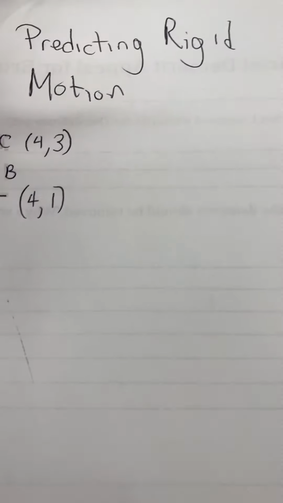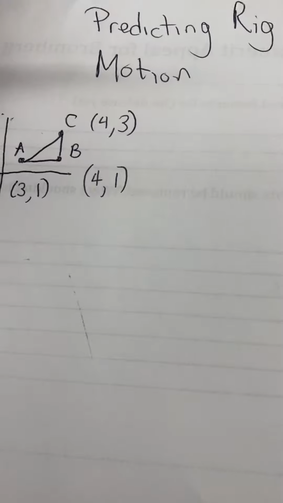Well, it doesn't matter how many rigid motions in a row I do, it's still going to be the same. I highly suggest you go back, I think it's 2 units.